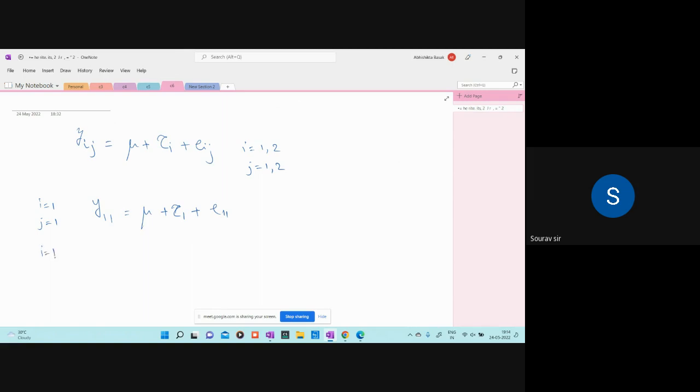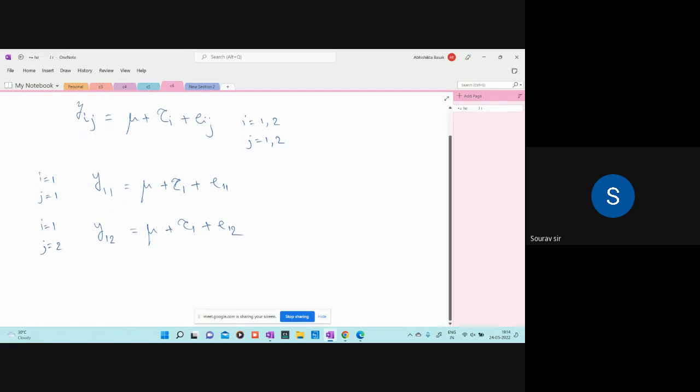Let's fix i at 1, j at 2. It will be y12 = mu plus tau 1 plus e12. We'll have another two terms.